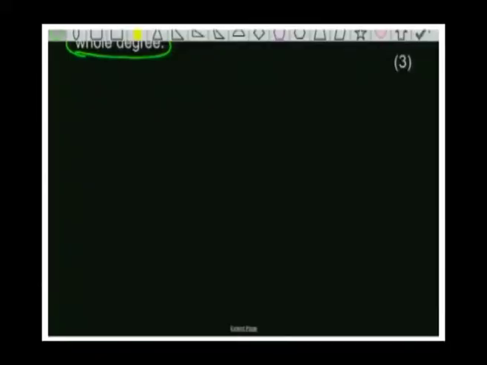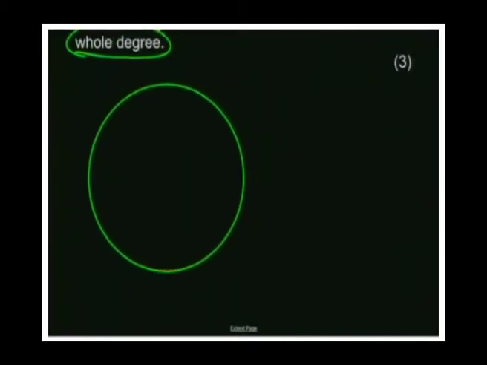Now let's make sure that we know exactly how to work out a pie chart. So first of all, let's draw a circle. Over here we have a circle, and I'm sure, as all of us know, a circle is made out of 360 degrees.